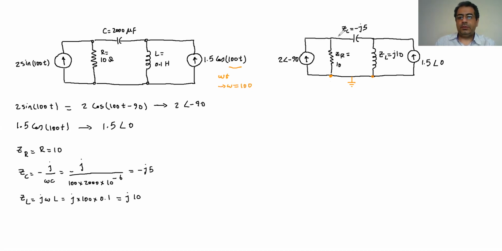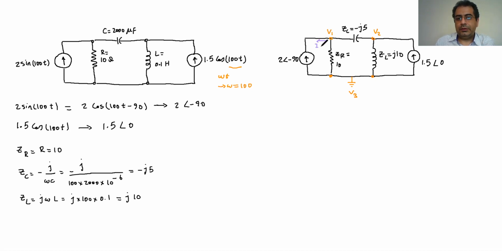Then this one is V1, this one is node 2, V2, and assume this one is V3. In the node voltage method, we assume the current leaving each node. So here we have the current leaves this node.